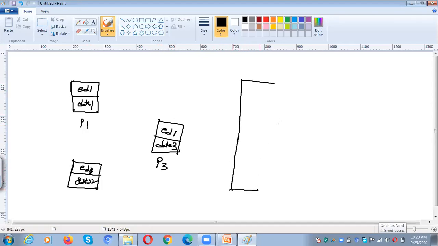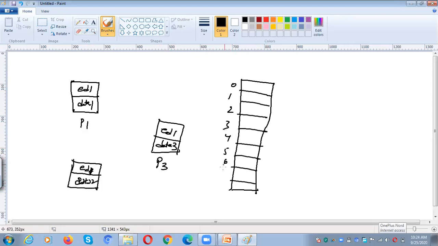For example, this is the main memory, frames 0, 1, 2, 3, 4. The shared pages concept was not there, so we need to keep ED1 and data 1, and next again ED1 and data 2, and again ED1 and data 3.